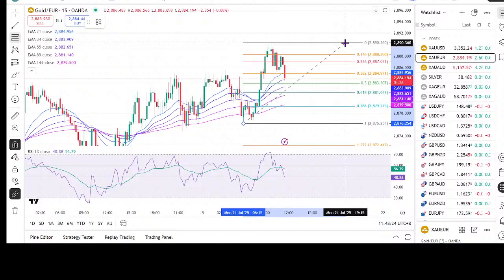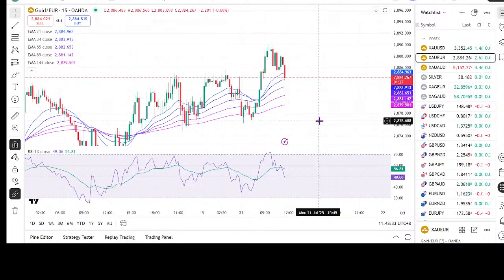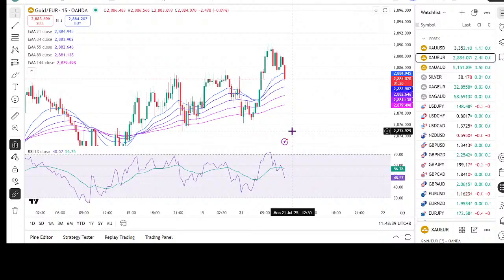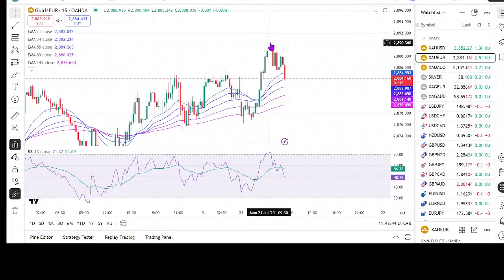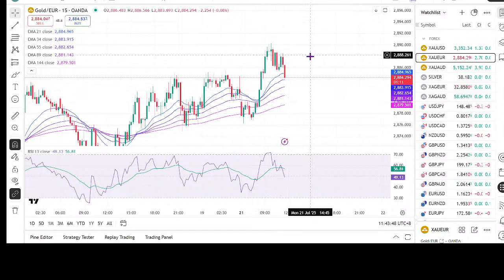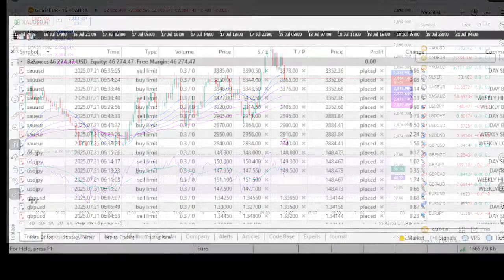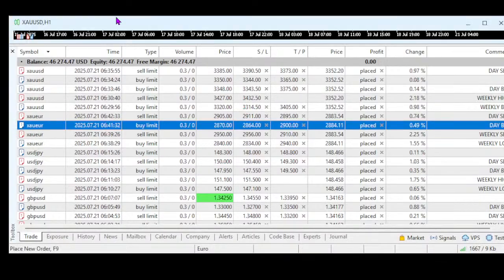Which means to say we would go for a buy at 80, stop at 74 and a half. TP, we will try to exit before this 2890 or 2888. Okay, so I think that is a scalping call.